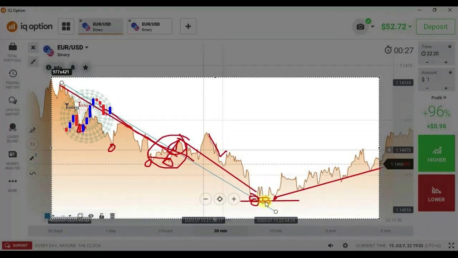See, every time hitting this level, and after that you can also see this is down, strong sellers, again buyers tried, hit this level, again buyers entered.